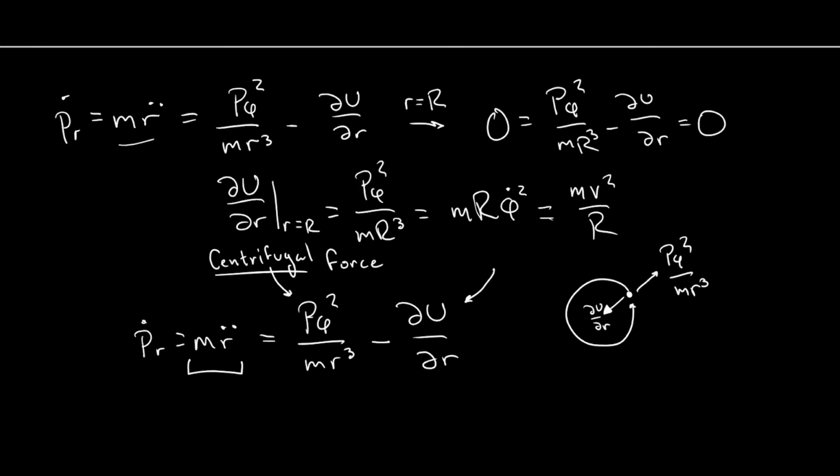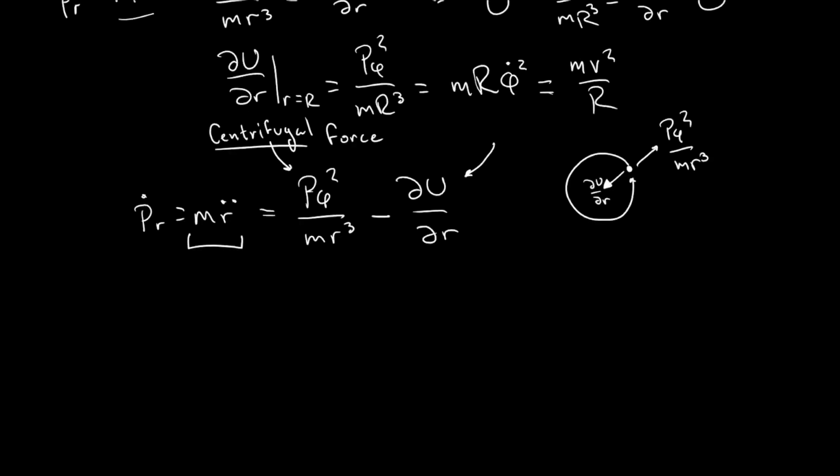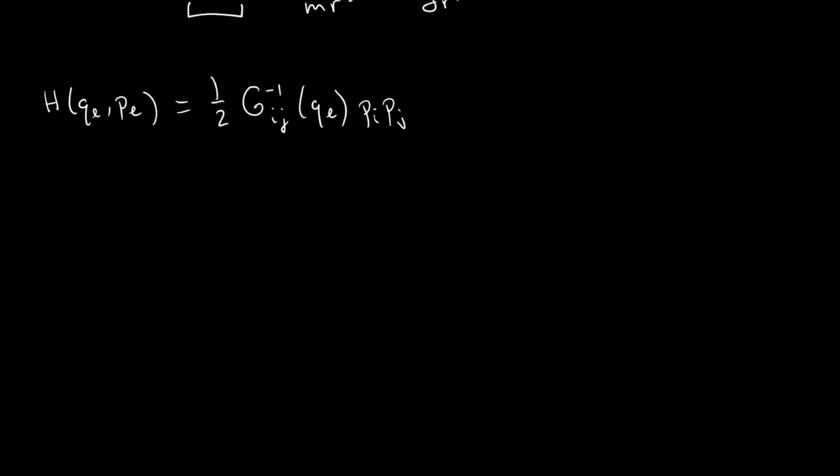Okay. Now, I'm going to talk about one quick thing, and then take a break, and then do a quick example, and then be done for today. So, okay. When I wrote down my Hamiltonian, this is in terms of q sub i's and p sub i's: one half G inverse ij p_i p_j plus U(q_i).